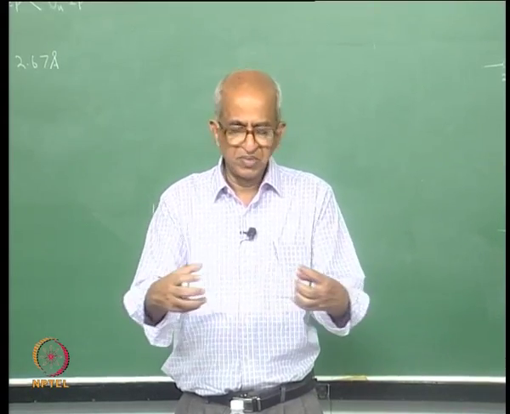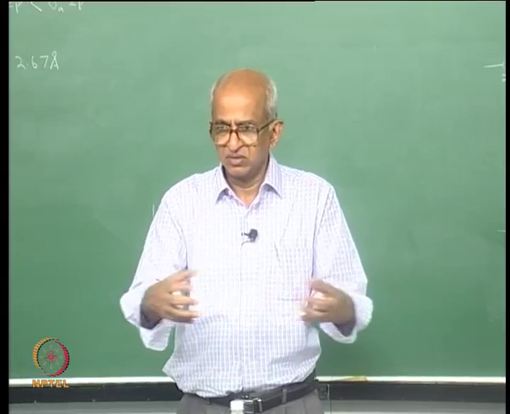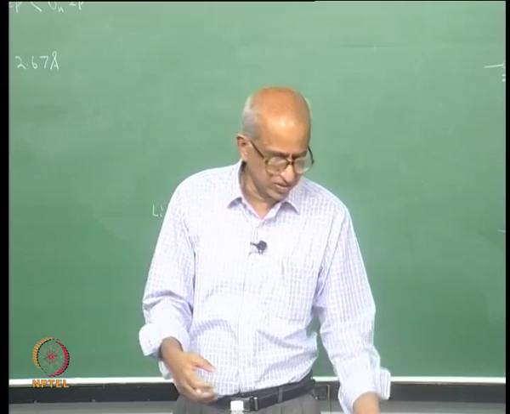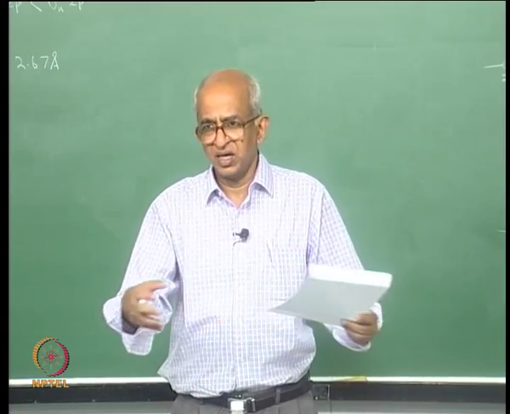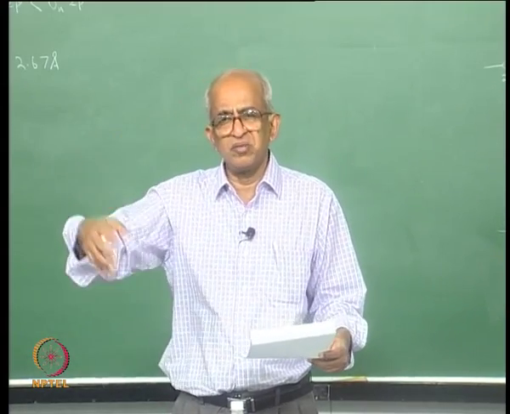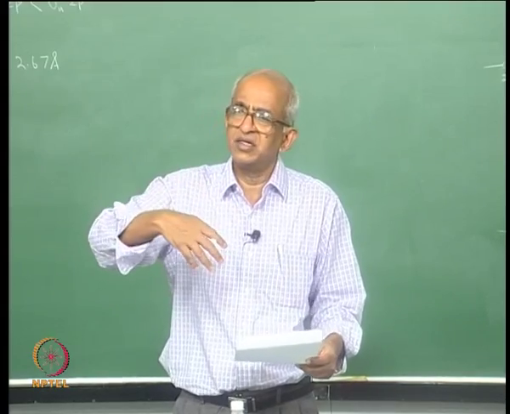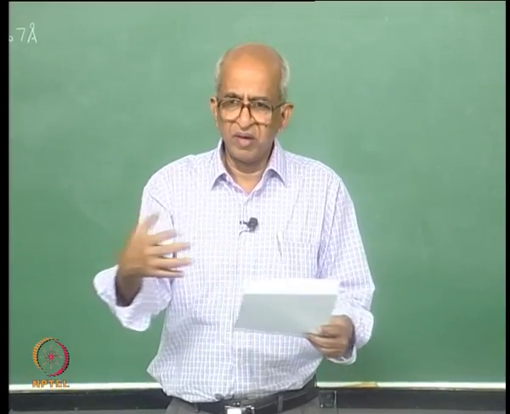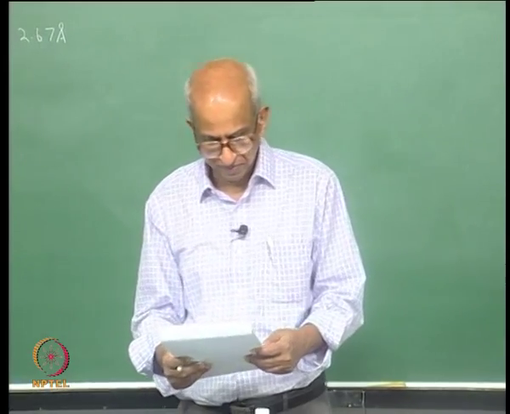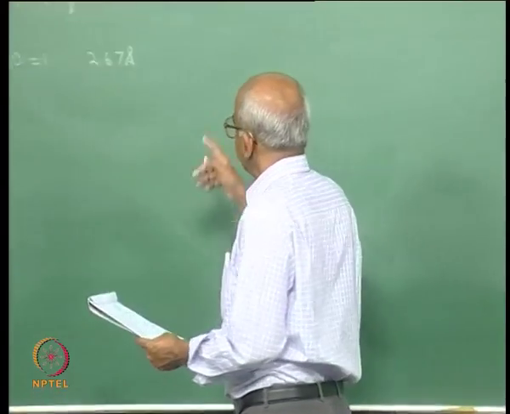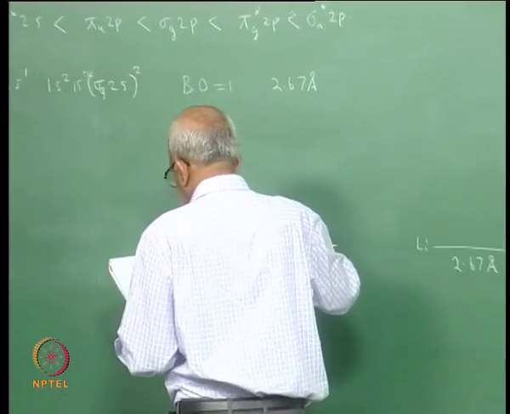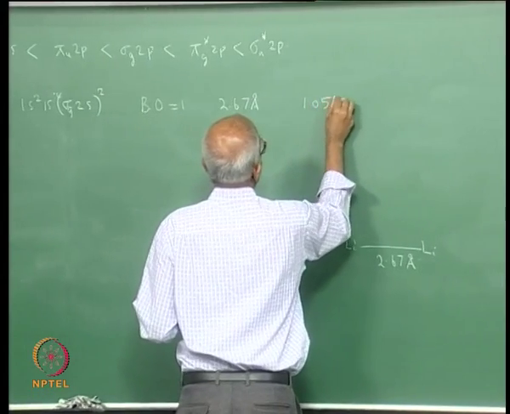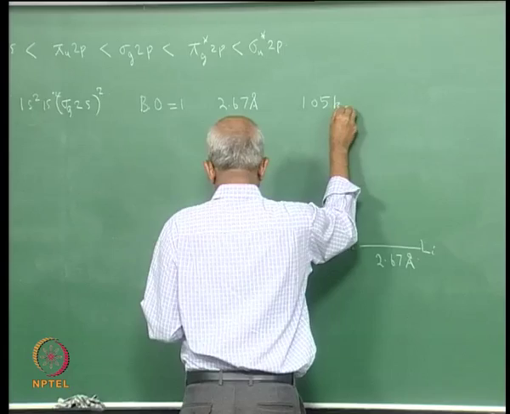So, the repulsion between the electrons occupying the two core orbitals is the one that causes the bond length to be large, and in addition to that the 2s orbital is rather diffuse, meaning that it extends into space, and therefore, the overlap between the 2s orbitals is not very effective. That is the reason why the bond length is very large, and because the bond length is very large, the bond energy is actually low. It is only 105 kilojoules per mole.